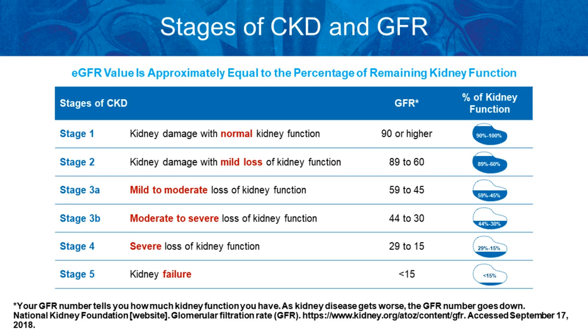Now, in terms of the stages of CKD and the GFR, the eGFR is approximately equal to the percentage of remaining kidney function. So when we talk about an eGFR in the 30s, the patient is functioning with about 30% of their remaining kidney function. So we need to do everything we can to preserve that remaining kidney function.